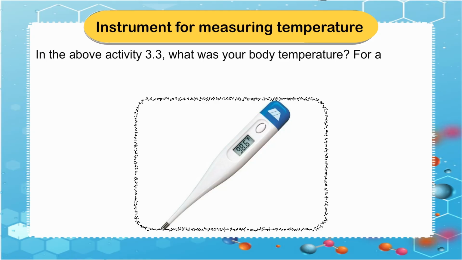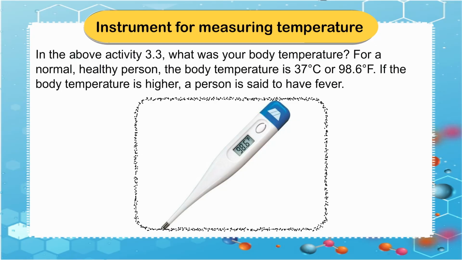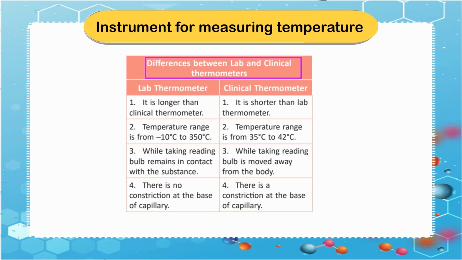In the above activity 3.3, what was your body temperature? For a normal, healthy person, the body temperature is 37 degrees Celsius or 98.6 degrees Fahrenheit. If the body temperature is higher, a person is said to have fever.